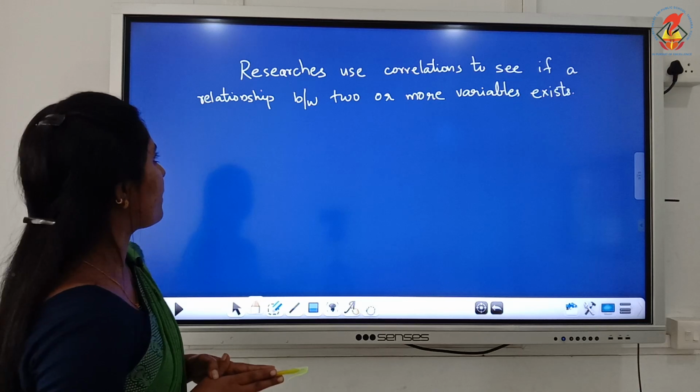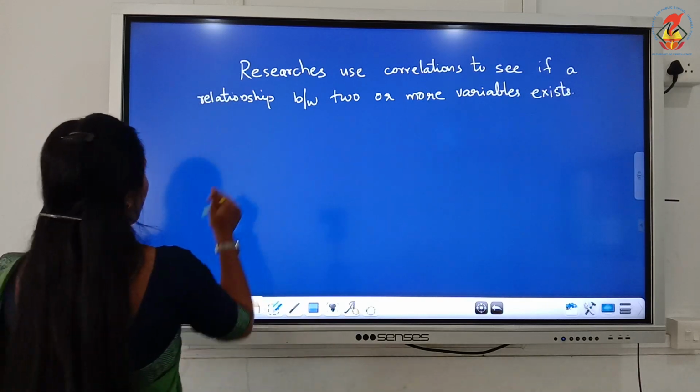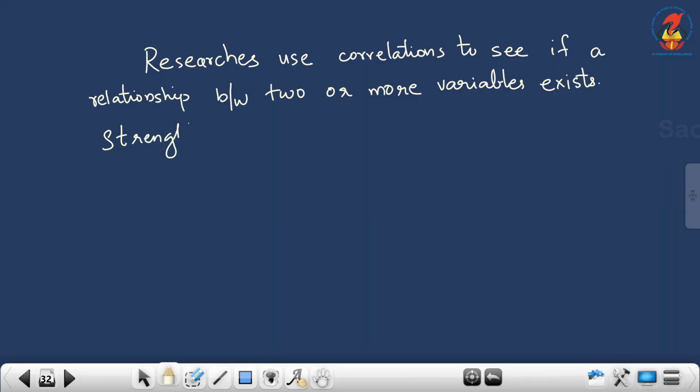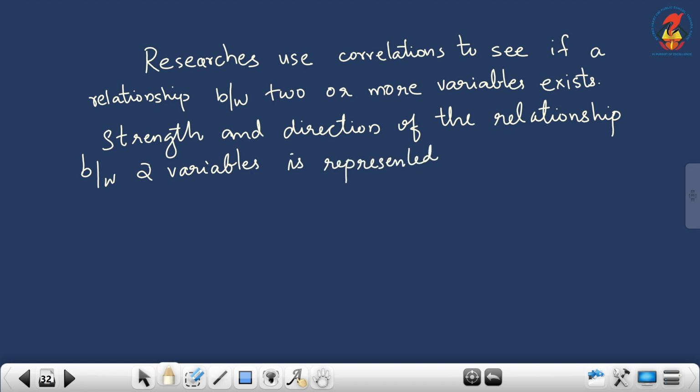Researchers use correlation to see if a relationship between two or more variables exists, and the strength and direction of the relationship between two variables is represented by a number.